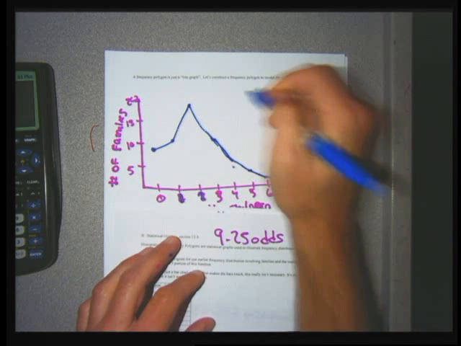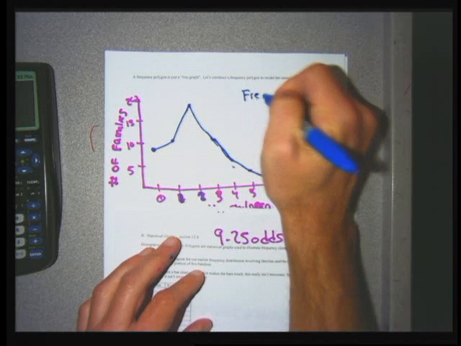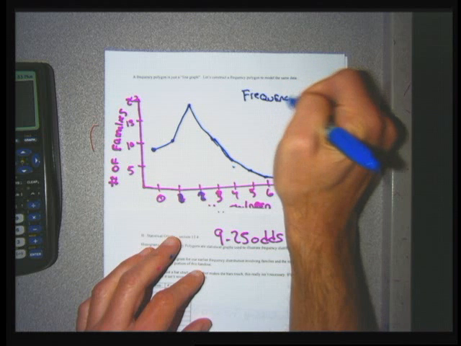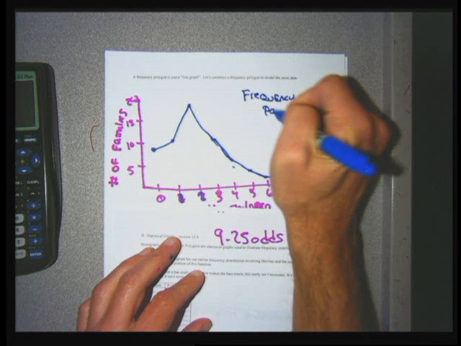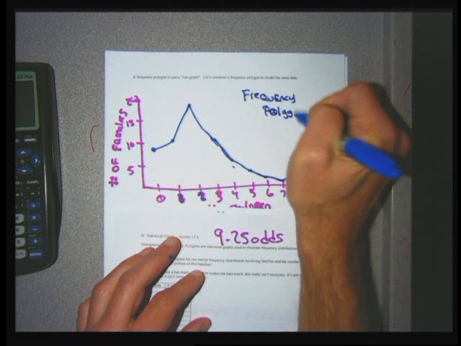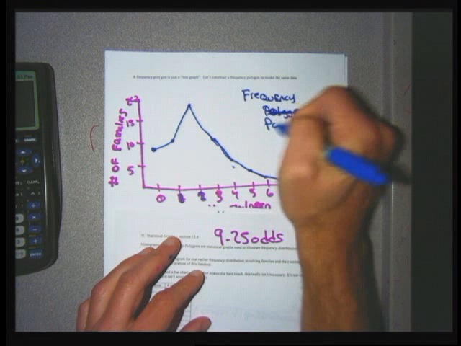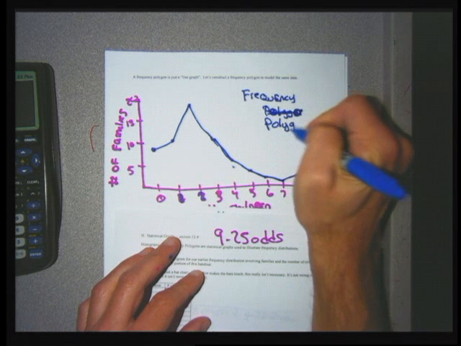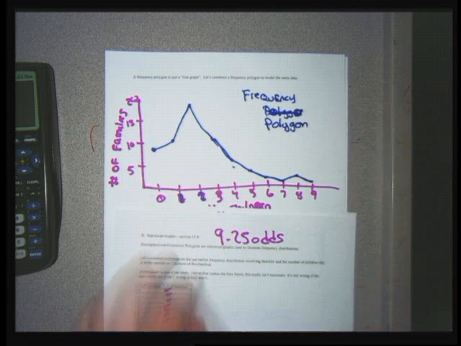This is what I would call a frequency polygon. I just took the data and plotted it, I created kind of a two-dimensional graph, and I plotted the points and connected each of the points with a line segment.